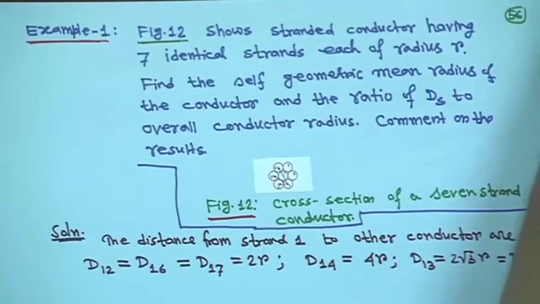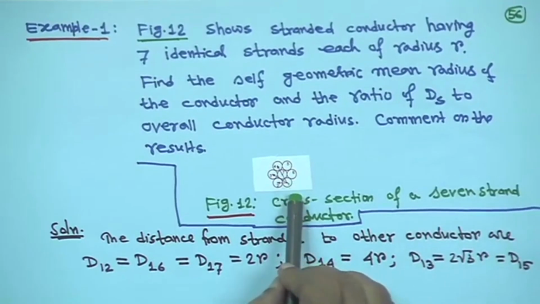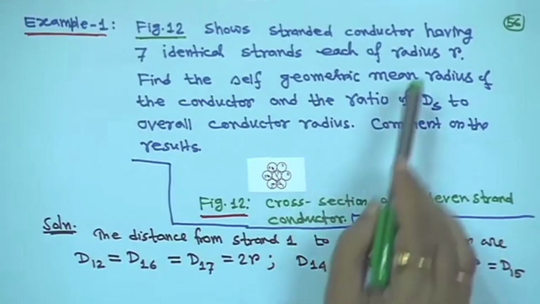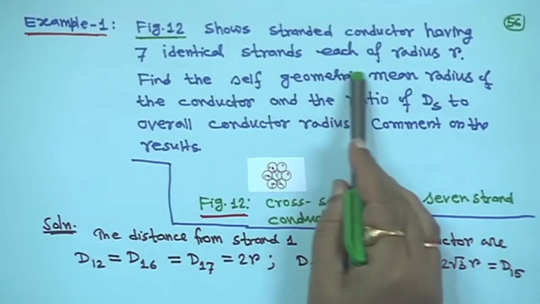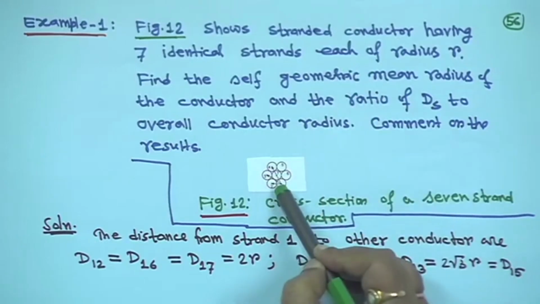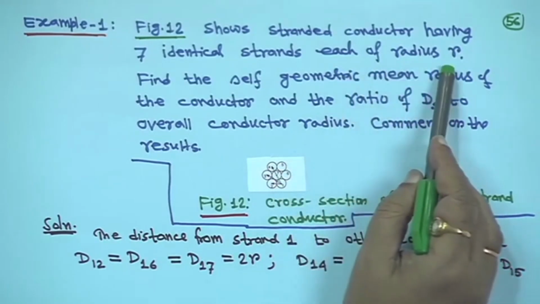So first take example 1. This diagram is a small one, I have taken from a book rather than drawing it. It is figure 12, which shows a stranded conductor having 7 identical strands, one central strand, and surrounding this there are 6 conductors, each having radius r.